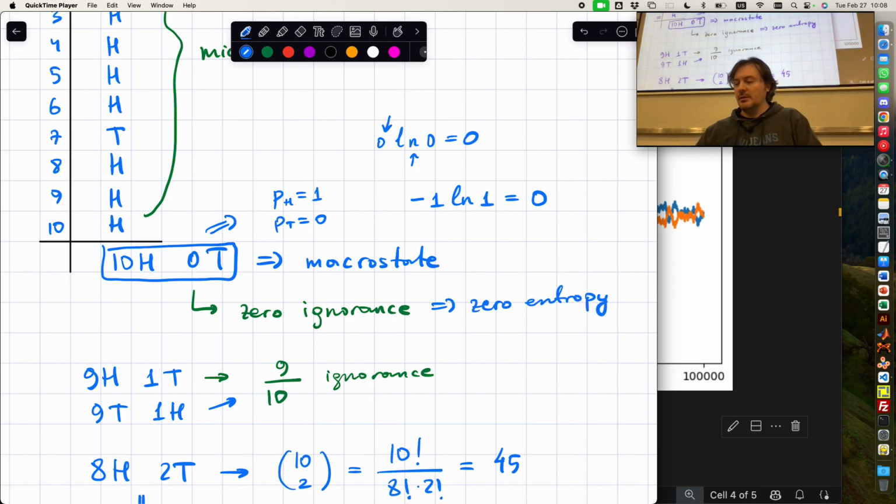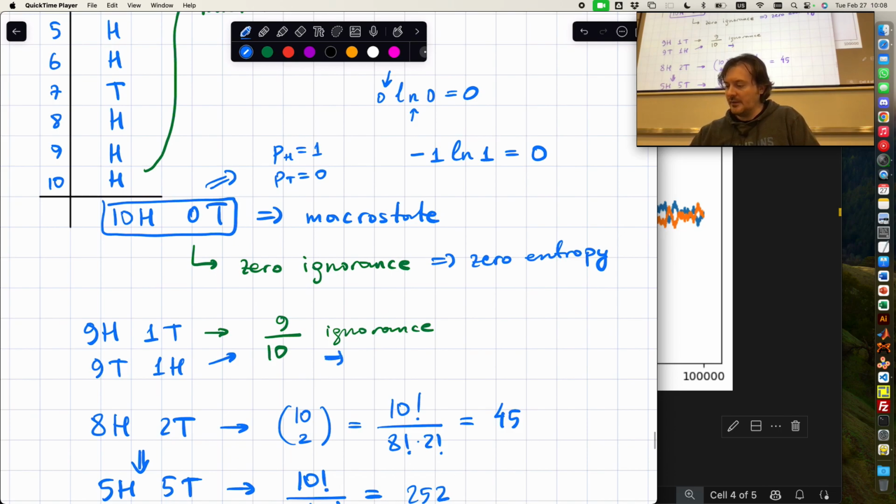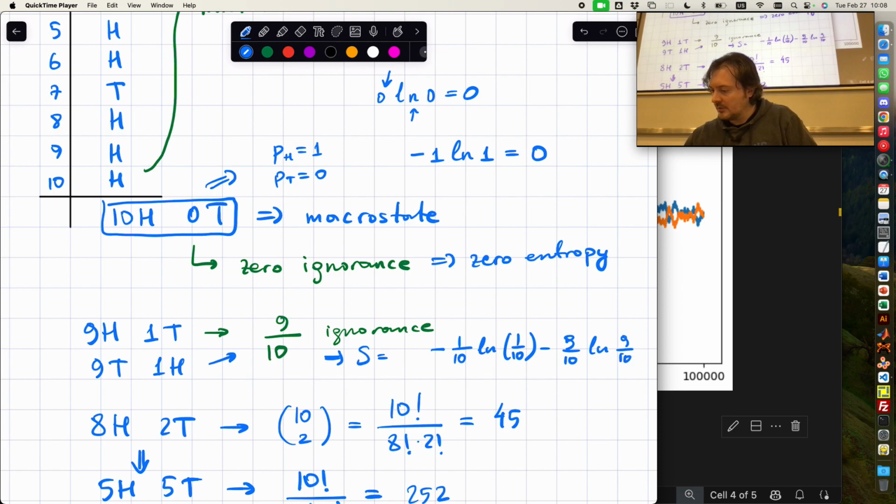Okay? How about this one? What is S here? Well, S is minus 1 over 10 ln 1 over 10 minus 9 over 10 ln 9 over 10. Did I calculate it before? Let me see. I did, and it comes out 0.325.